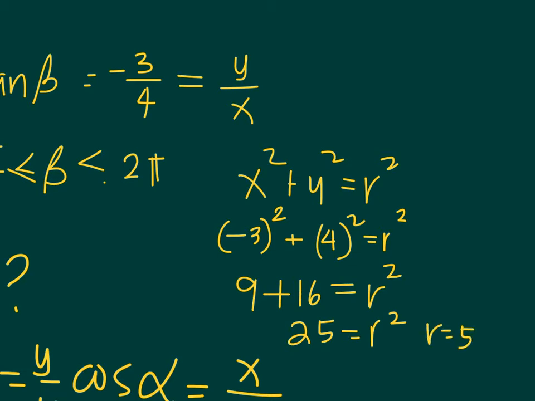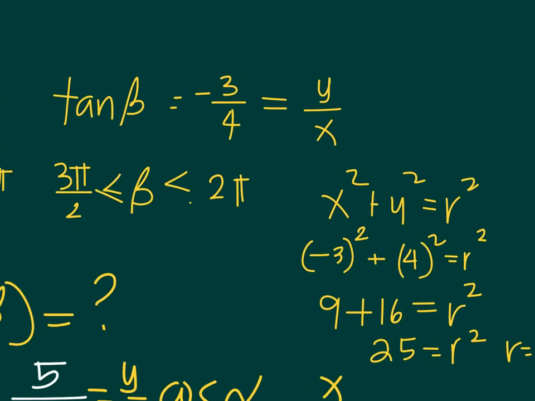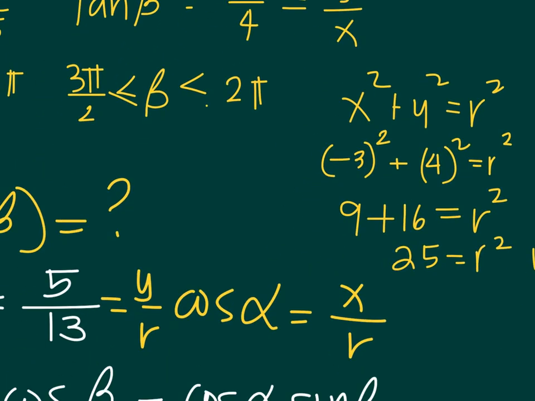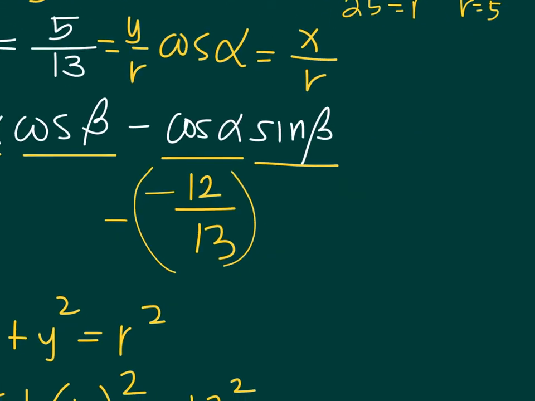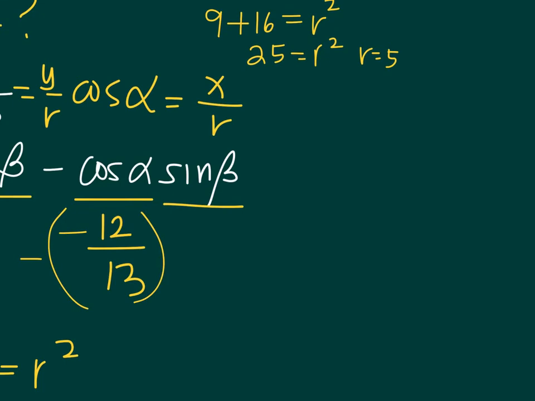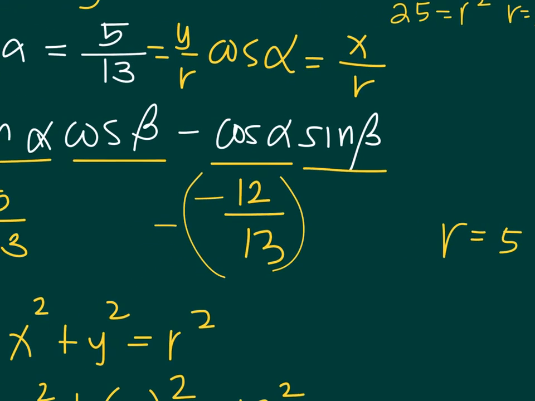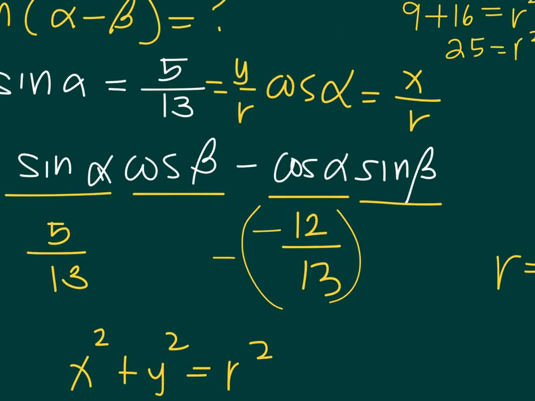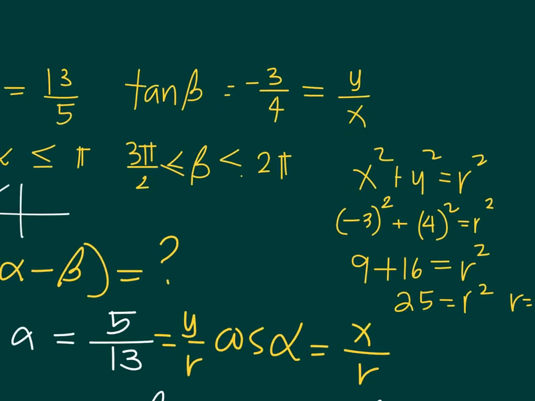We can neglect the negative 5 because it's a radius. Again, take note, r is equal to 5. So cosine of beta. Which quadrant are we in first?